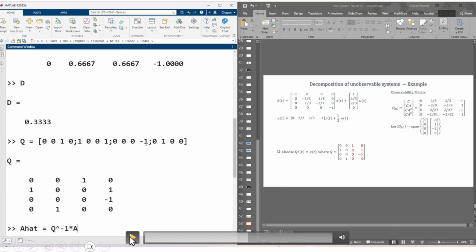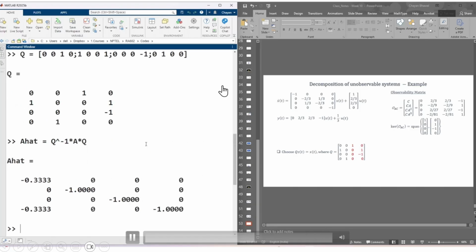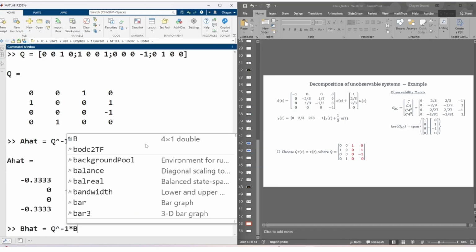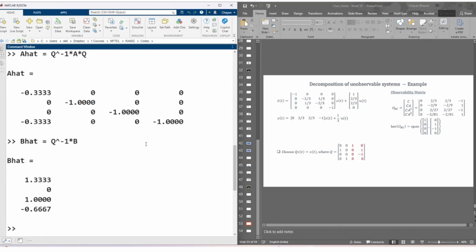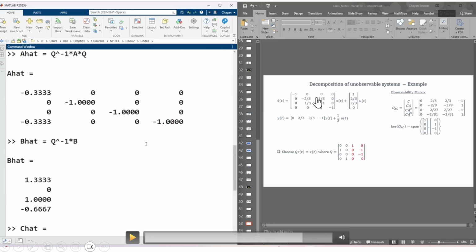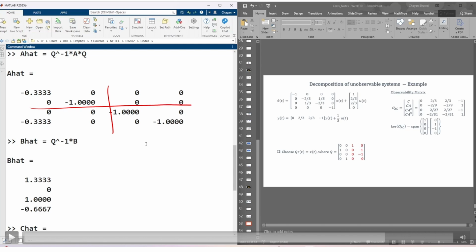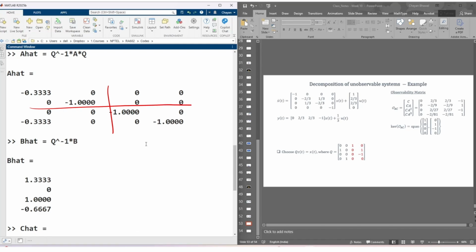So you can see this is my A hat matrix. This is B hat, and notice in the A hat matrix you have this nice structure. Okay, you can see that there is a nice structure to the A hat matrix now. What about the C hat matrix? Let's look at that.